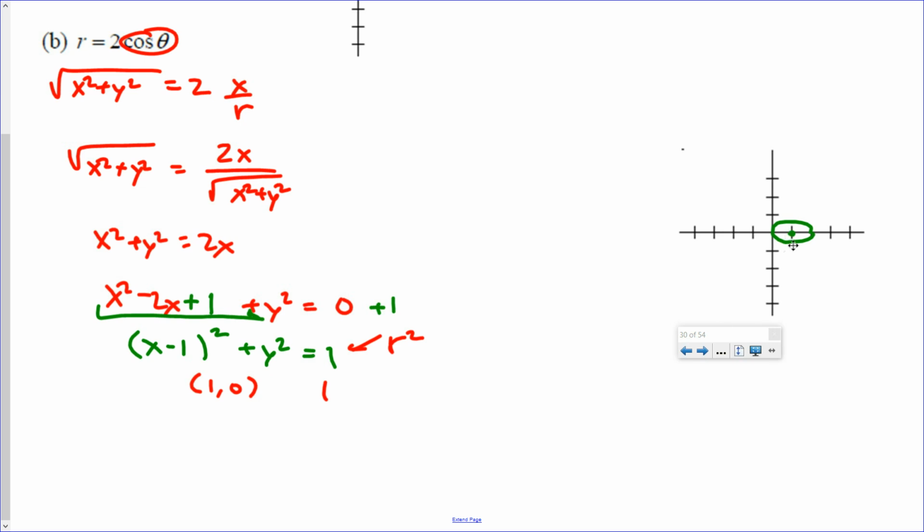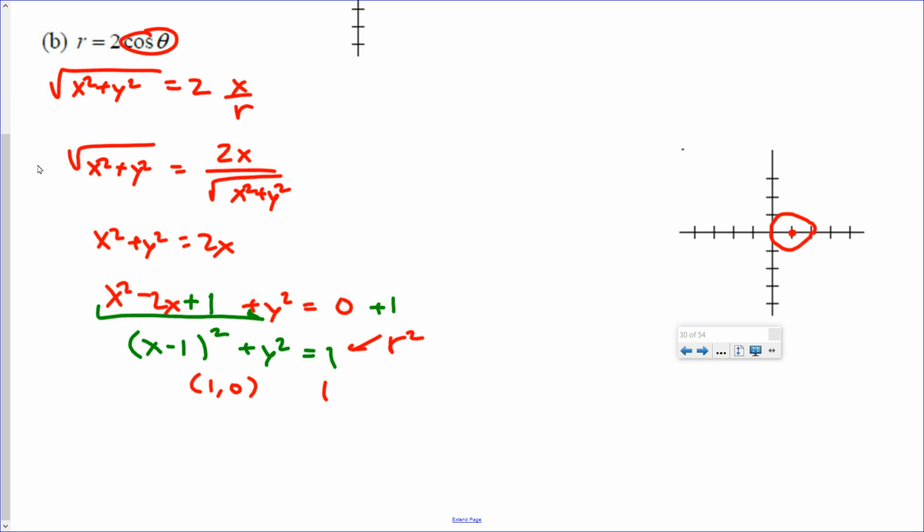So to draw this, I would plot 1, 0. That's my center. Then you would make a radius of 1. Is the radius 1? Yeah. Did I do that right? Something like that. Okay, radius of 1, and that's my circle.